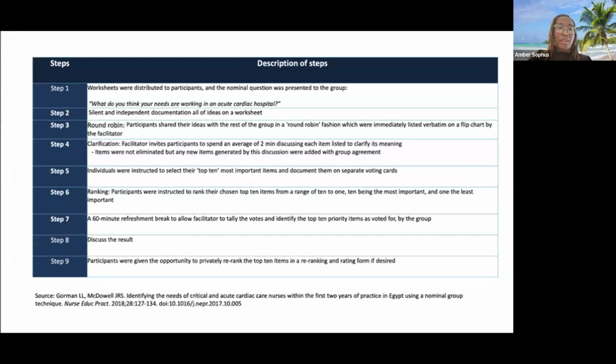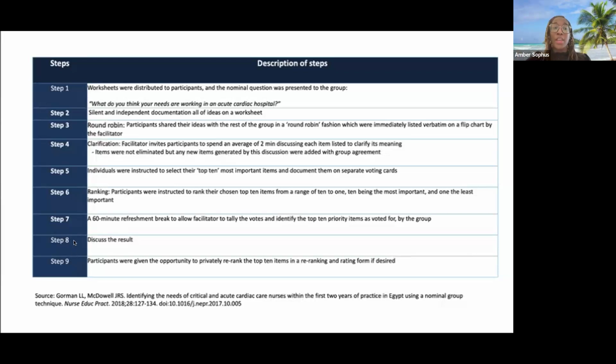So in this study, they did that. And then you see in steps 6 and 7, 6 is they have the ranking. And the interesting thing that they did in step 7, because it was in person, was they gave everyone a break to give them time to consolidate and tally those rankings to provide an overall group rank. So everyone can see what the overall group said was number 1, 2, 3, and so forth.